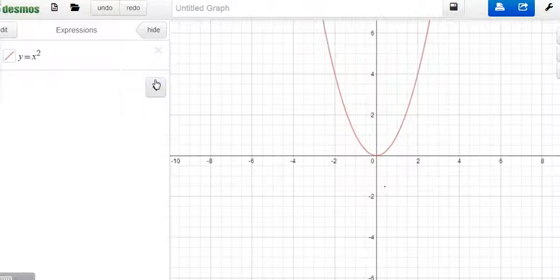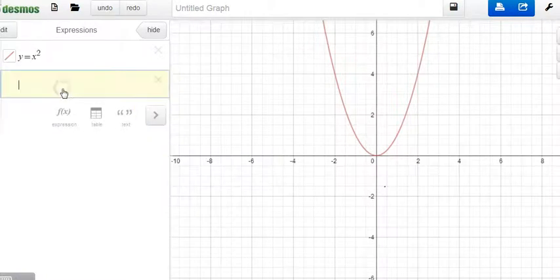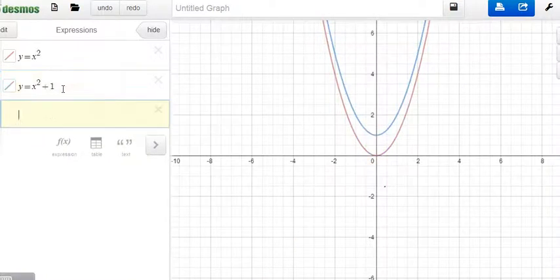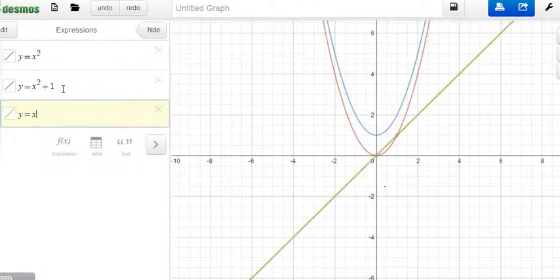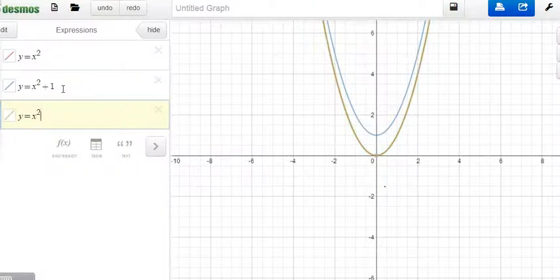So always start with the first, right? Y equals x squared. Then we're going to go y equals x squared plus 1. Right? And then what's the other two? Plus 3. X squared plus 3.